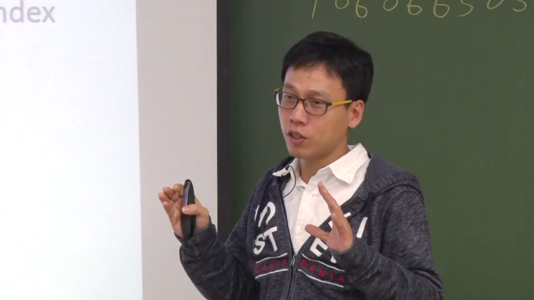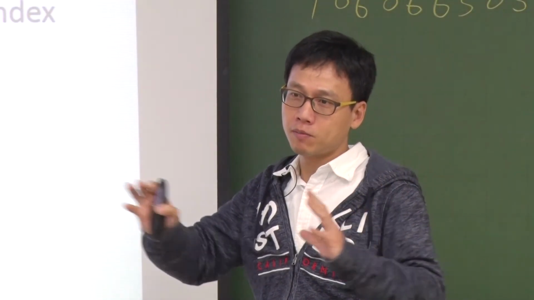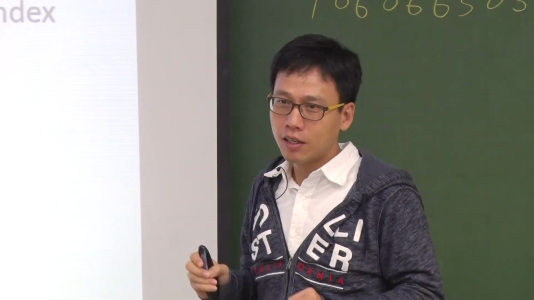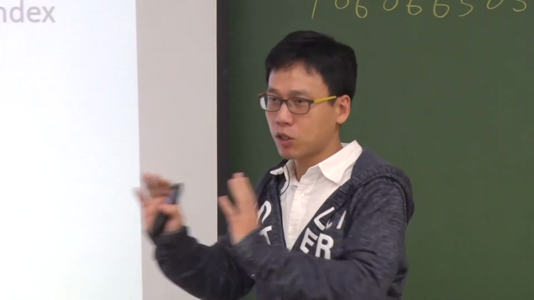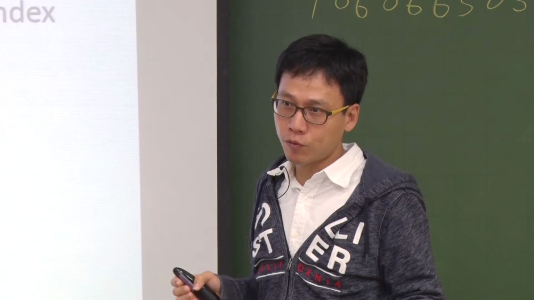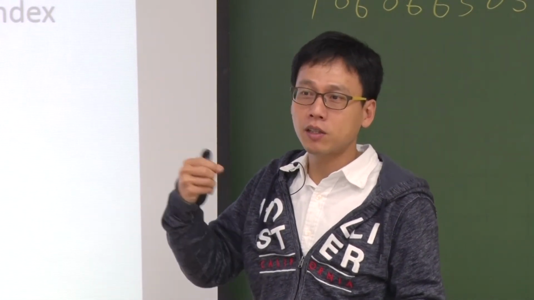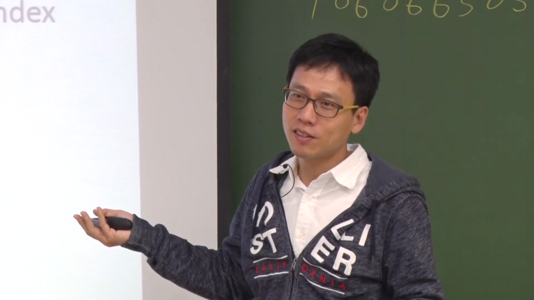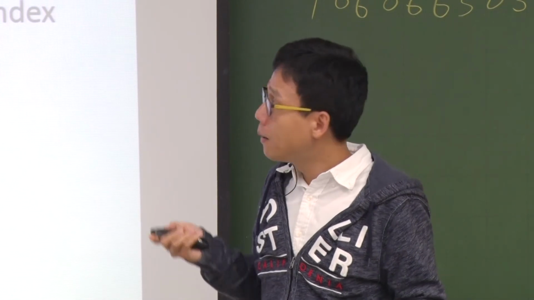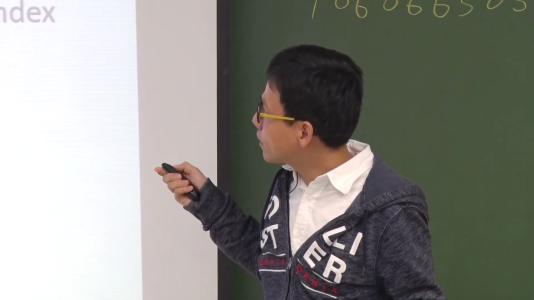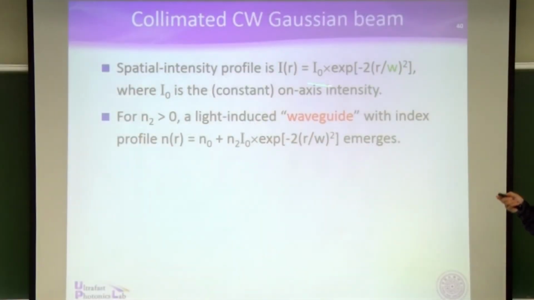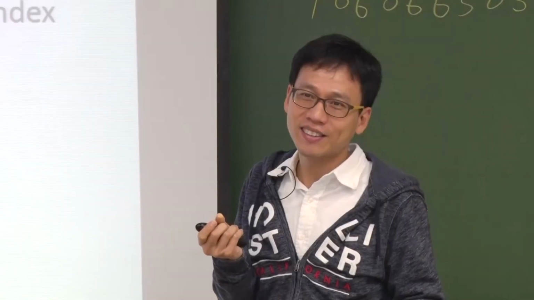Imagine initially you have a homogeneous medium, like a piece of glass. If there is no optical beam, the index of refraction is a constant, independent of position. It's just a homogeneous medium. But if you shine the glass with this optical beam, the light intensity will change the index because of the Kerr effect, right?